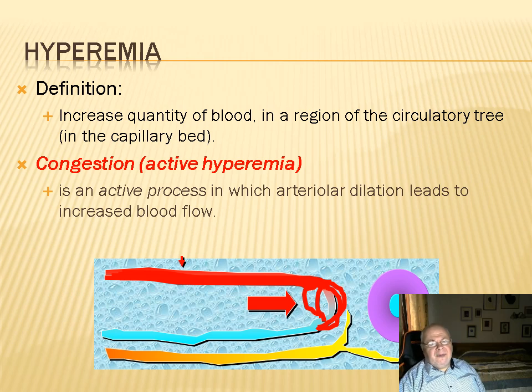Because the second fluid that we have is the interstitial fluid, which is present in all tissues in smaller or larger quantity, but all cells in our body are surrounded by interstitial fluid.